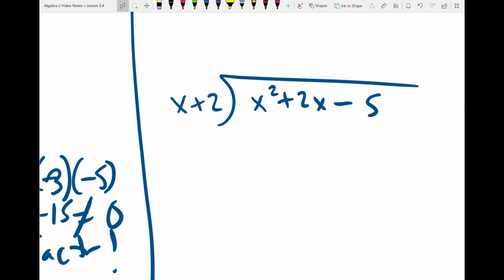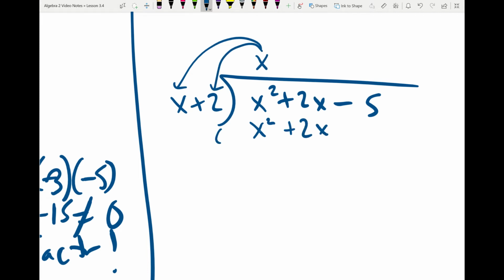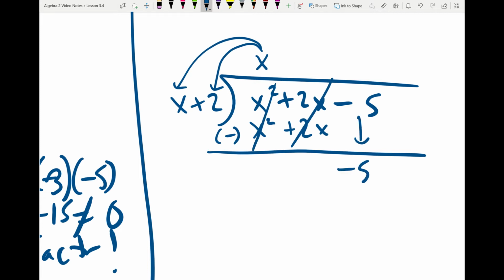All right, so I'm practicing our division. We have x goes into x squared x times. So x times x is x squared. x times 2 is 2x. So far, so good. Subtract. That's going to be 0, 0. Bring down the minus 5.